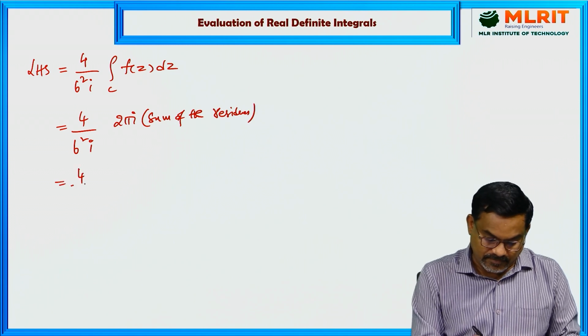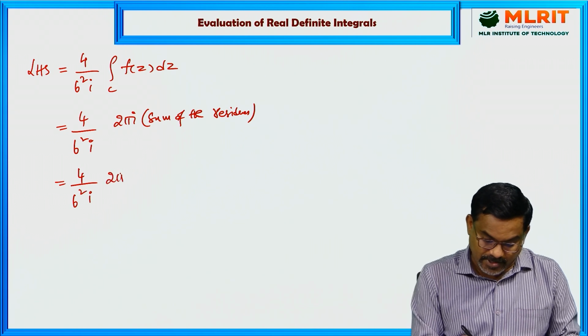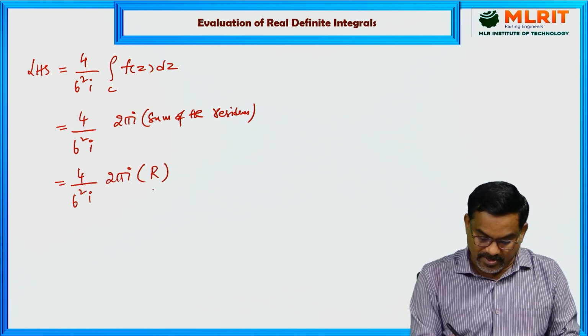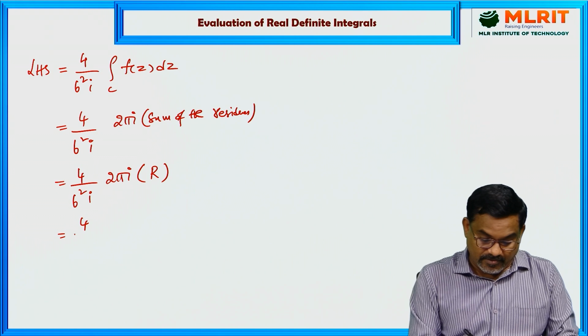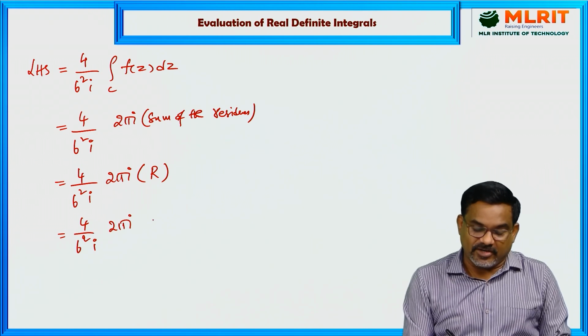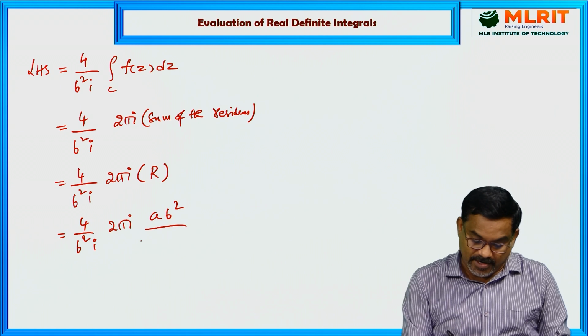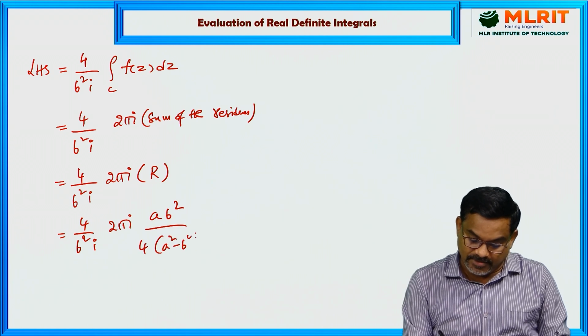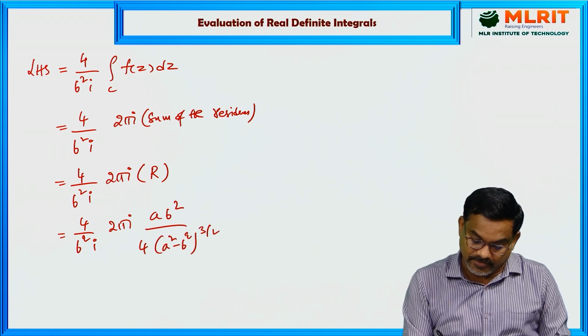So this is 4 by b square i into 2 pi i into, we have only one residue, where that residue is a b square by 4 into (a square minus b square) power 3 by 2.